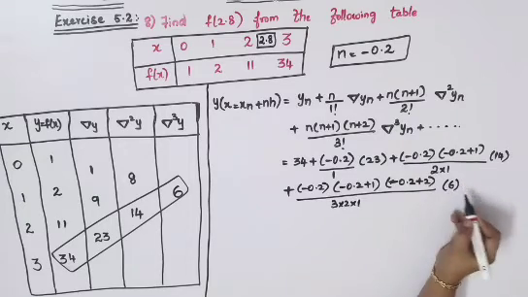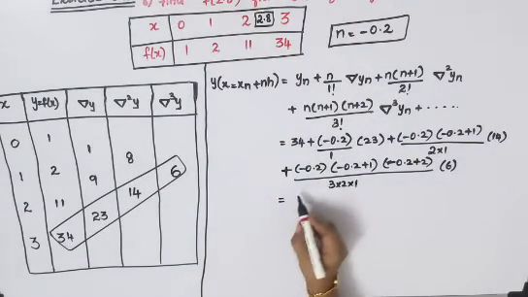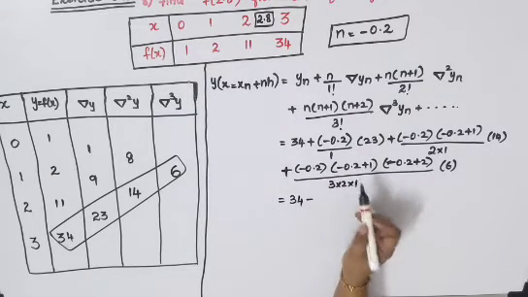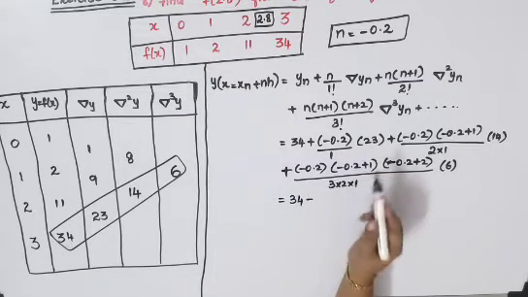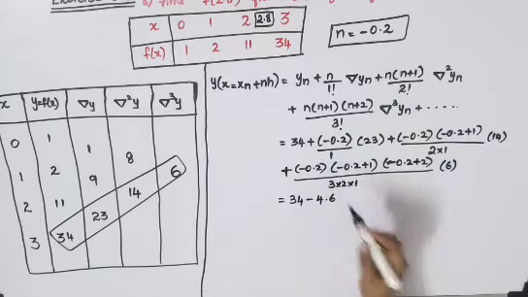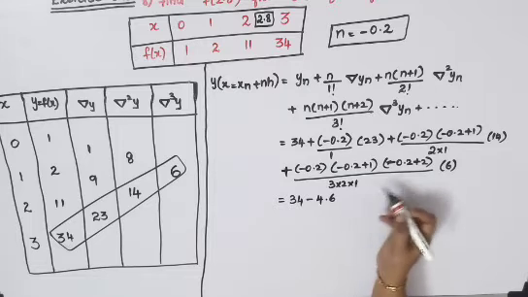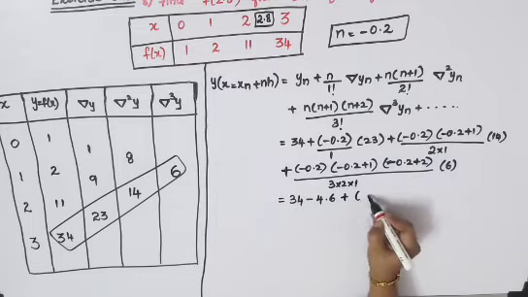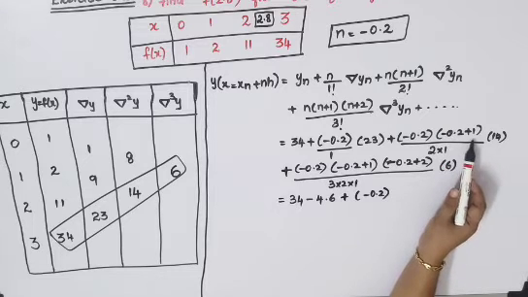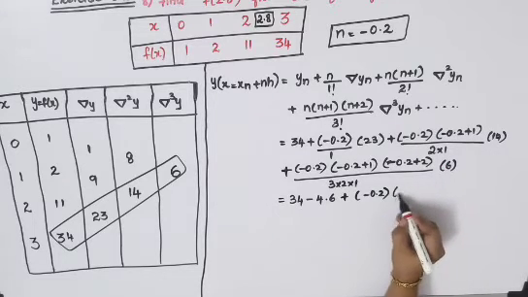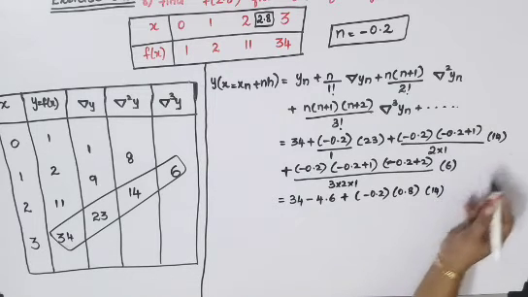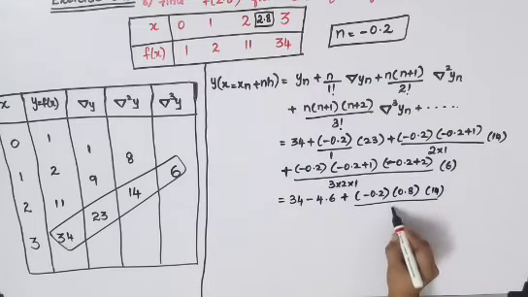So into 6, equal to 34 plus, into minus is minus, 0.2 into 23. So you'll get 4.6 divided by 1 factorial, so you can leave it as it is. Then plus minus 0.2 into minus 0.2 plus 1 will be 0.8, into this 14 divided by 2.